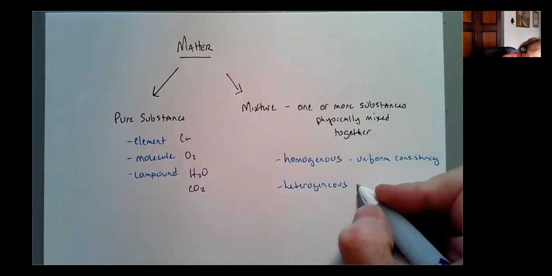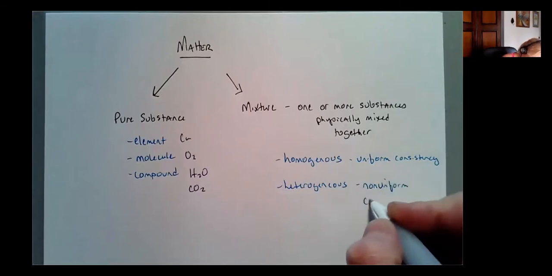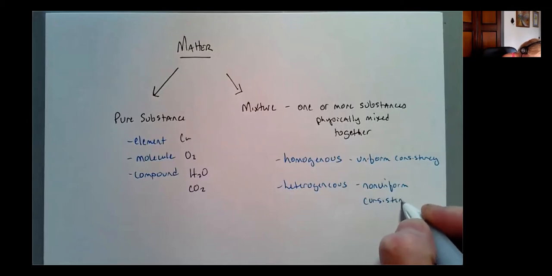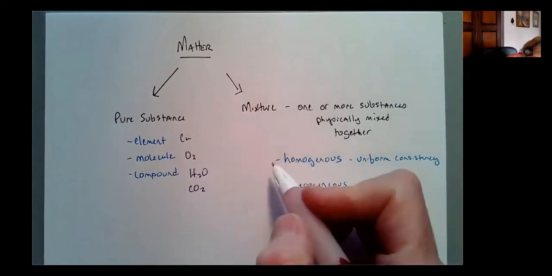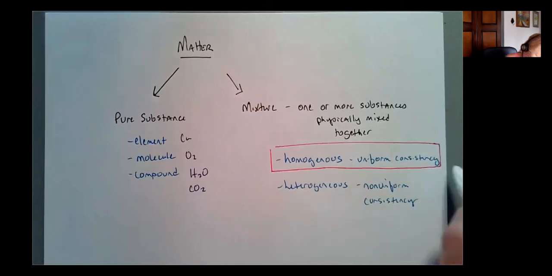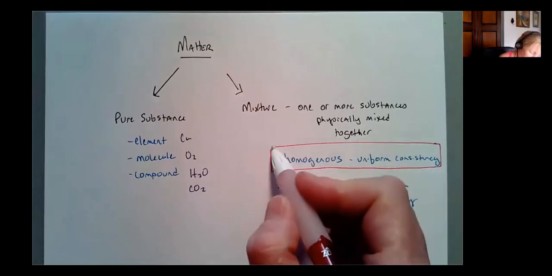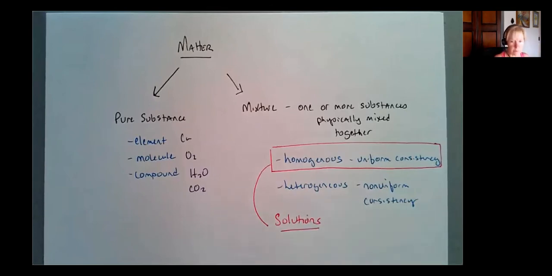A heterogeneous mixture has a non-uniform consistency. And so you can usually physically see all the components because they're not mixed together in a uniform manner.